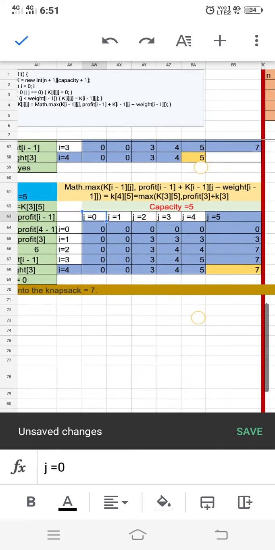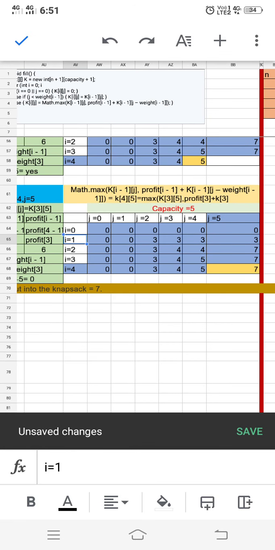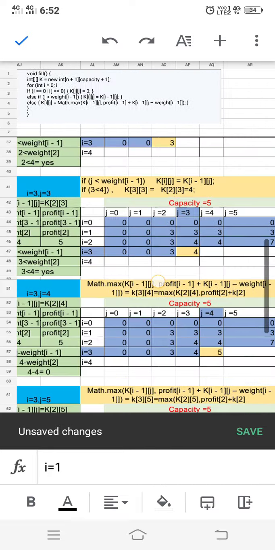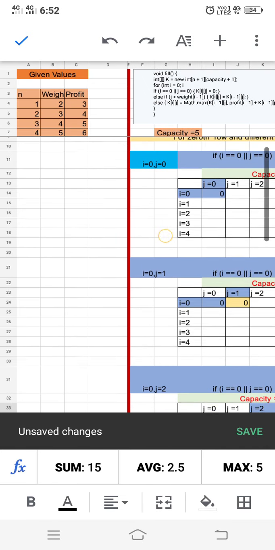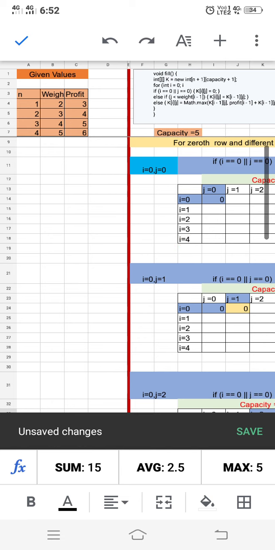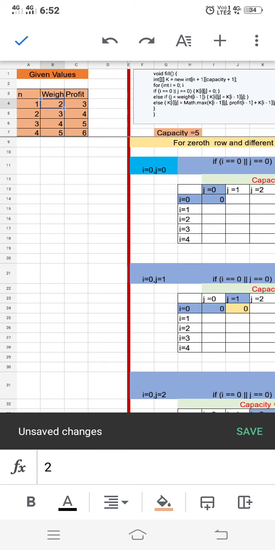values will be zeros. Now when I select the first object, i is equal to 1, I will check what is the weight of the current object 1. The weight of the current object 1 is 2.